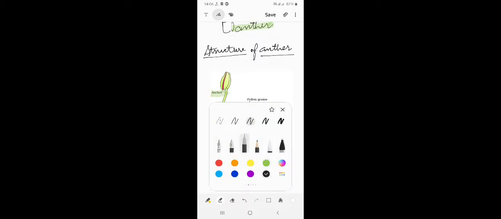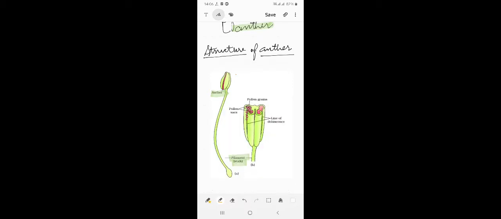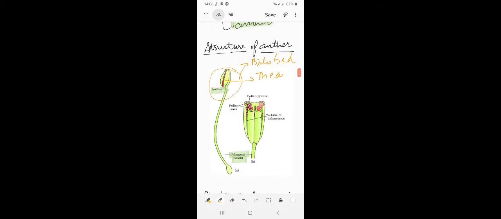You can see the anther is bilobed with the help of the red colored septa, that is known as theca. So two lobes are divided by the theca, that's why it is known as dithecous.